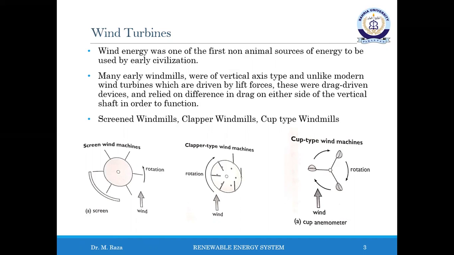The second category is clapper windmills, such as shown in this diagram. The clapper windmills are so called because the movable sails clap against the stop as the rotor turns with the wind.